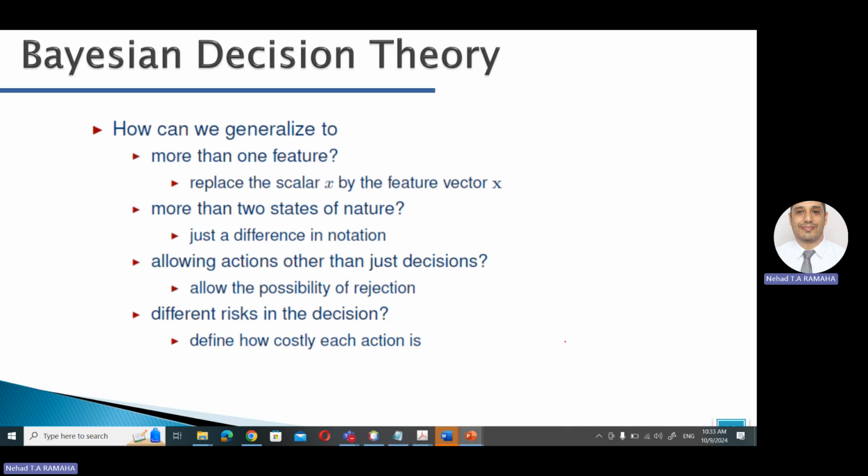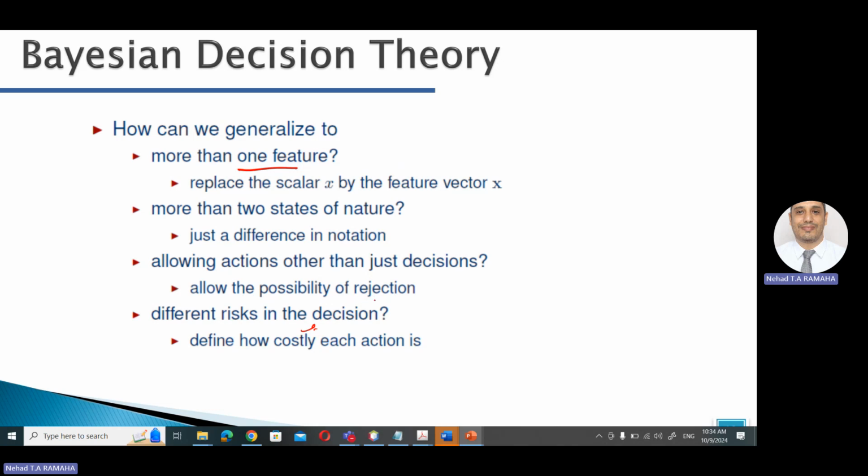Okay, so we can make it more general. This means more than one feature. So what could we change with Bayesian theory to use it in classification?